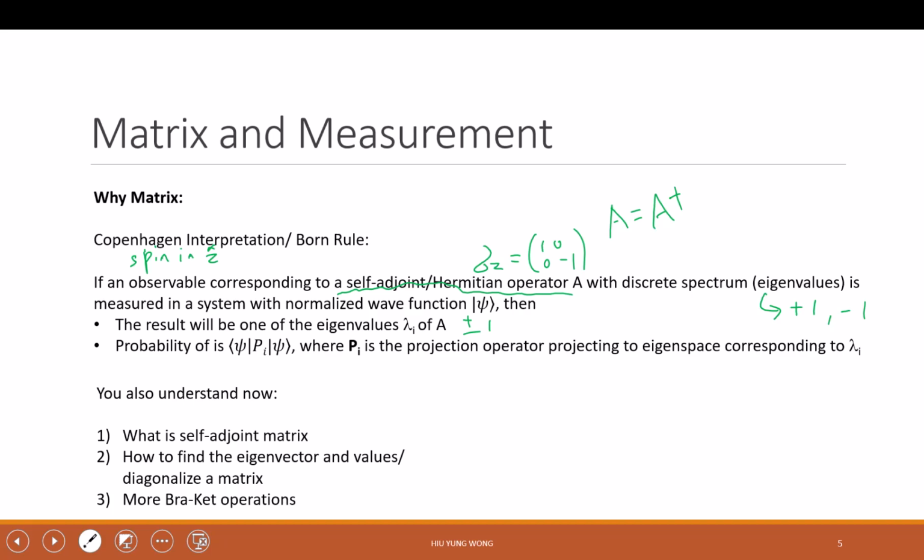Basically you did not learn anything new, but this gives you a more formal description of the meaning of measurement. So you can move forward and compare this to other types of interpretation, which we won't cover, but Nielsen and Chang have more discussion. Even if you don't know it, it doesn't matter, because you already know that the coefficient squared is the probability.